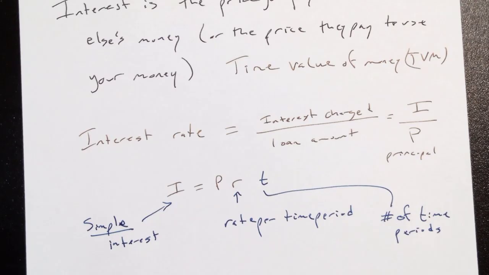If I put $2,000 in the bank, let's say right now, interest rate's about, I don't know, 7%.